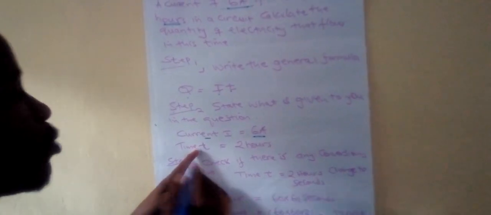Step 2, you state what is given in your question. Remember, I underlined 6 amperes and 2 hours. So in step 2, we say we are given current 6 amperes and time 2 hours.